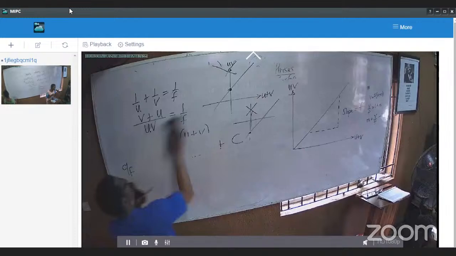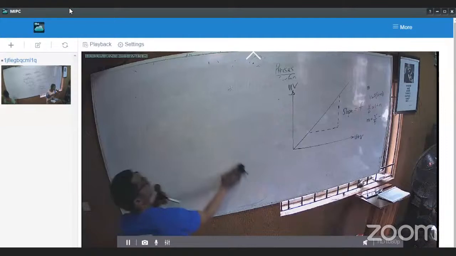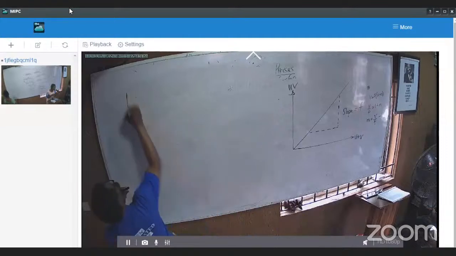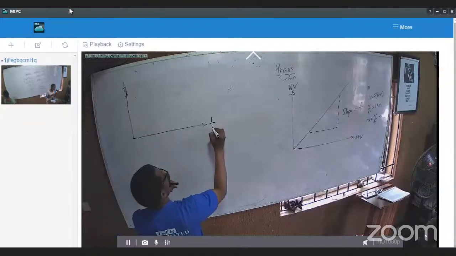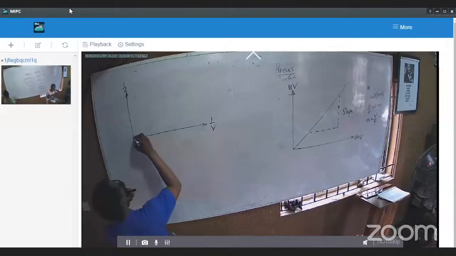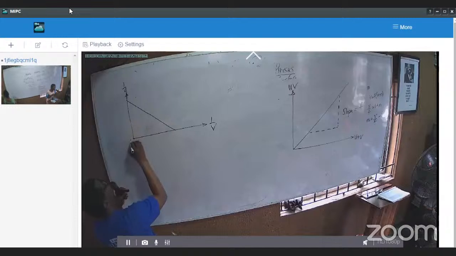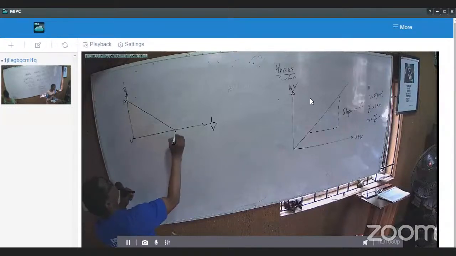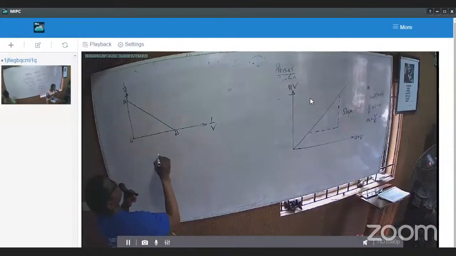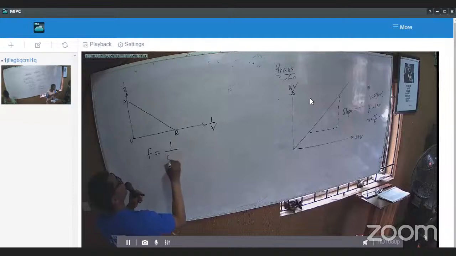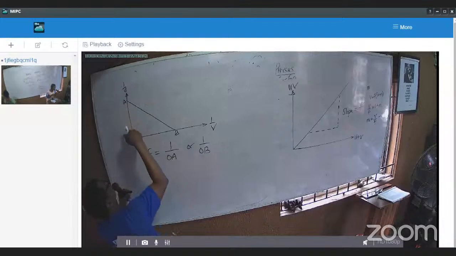Okay, so in case JAMB decides to change it and give you another graph, if you plot 1 over u against 1 over v, this is how it goes. This is O, this is A and B. It's constant. And then our f is 1 all over OA or 1 all over OB. It's the same. From here to here and from here to here are the same.